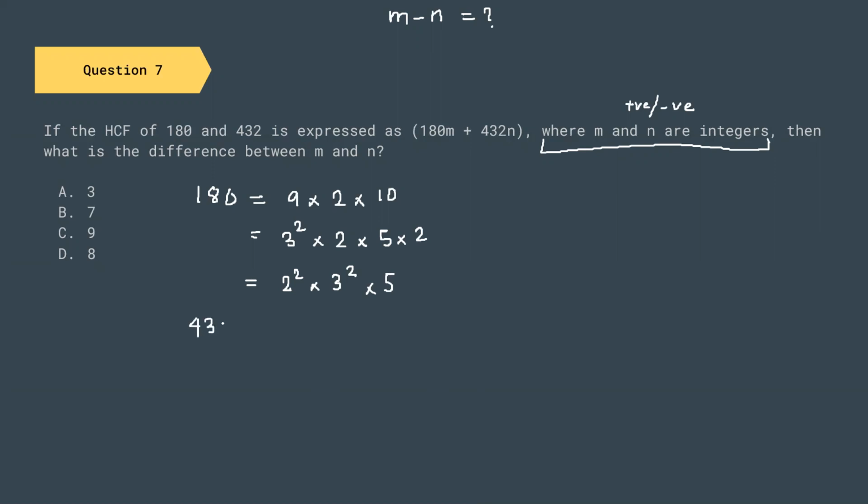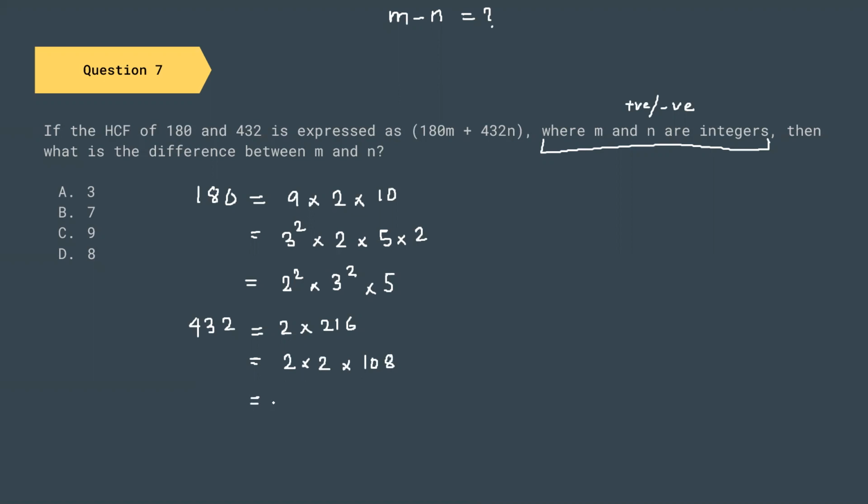for 432. 432 can be written as 2 into 216. 216 can be written as 2 cross 2 into 108.